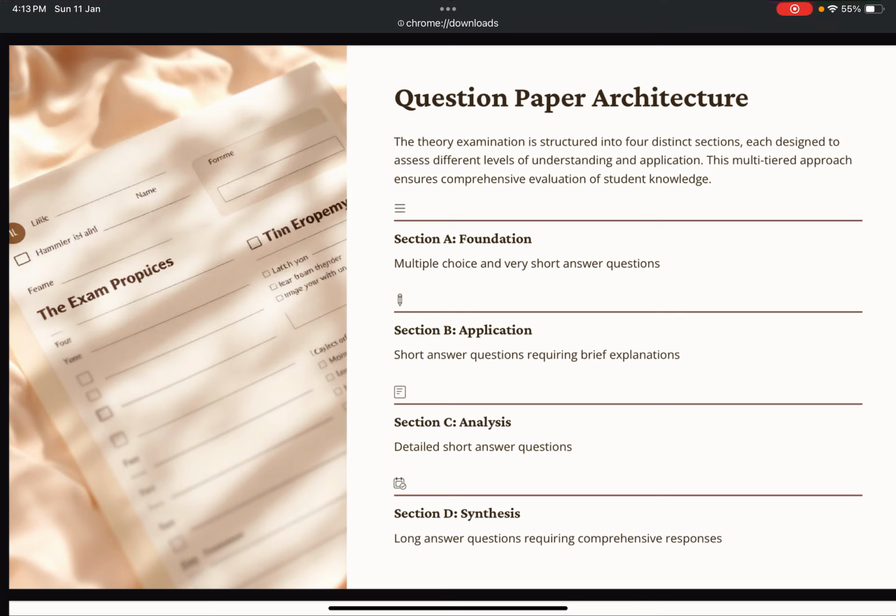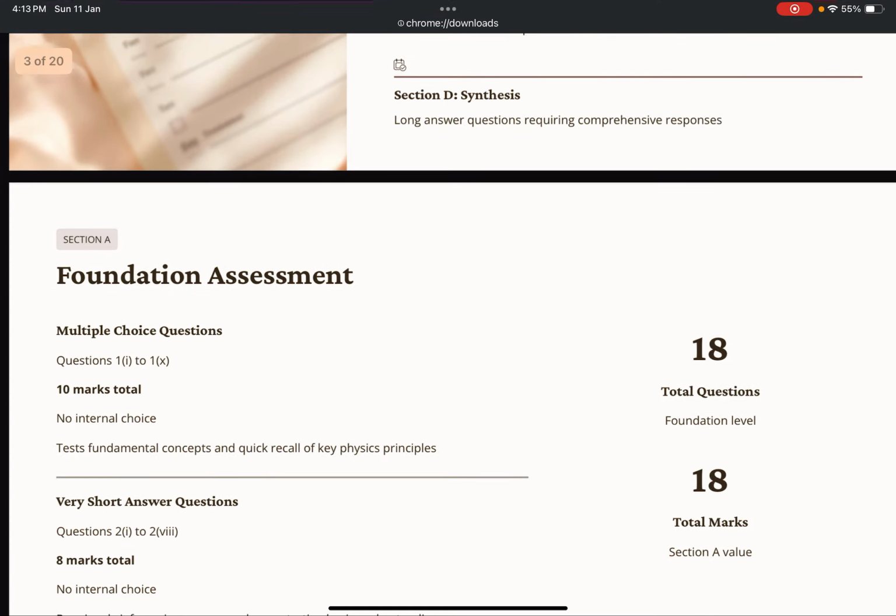Section B is about application, where you are not supposed to write very lengthy answers. You are required to write brief explanations to the questions asked. Detailed short answer questions are included in section C, whereas very long questions, long answer questions form the last part of your question paper, which is section D.